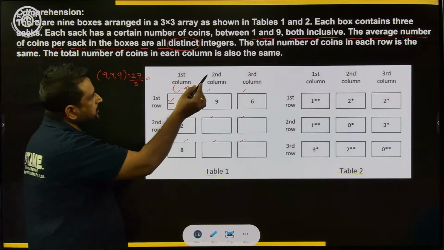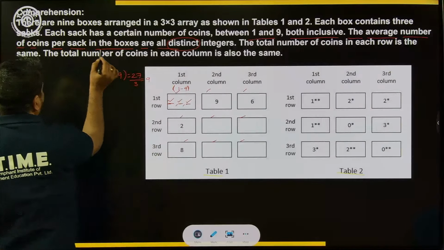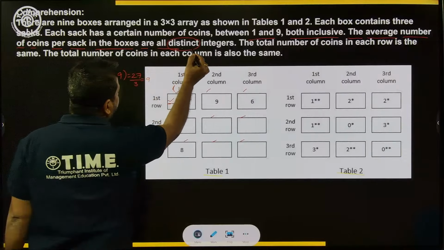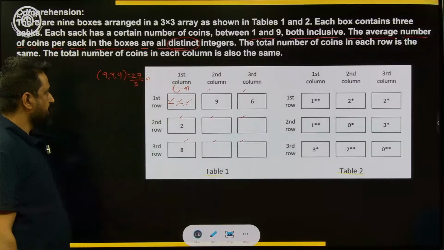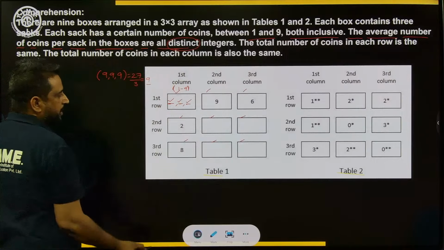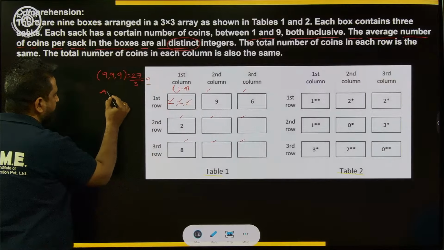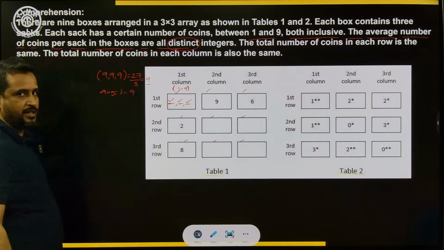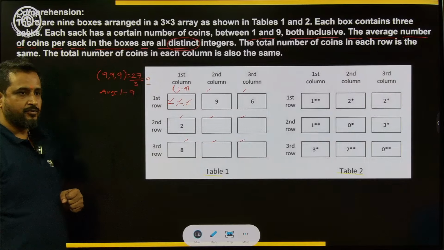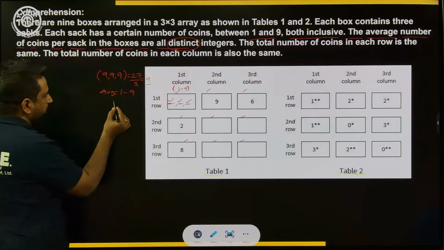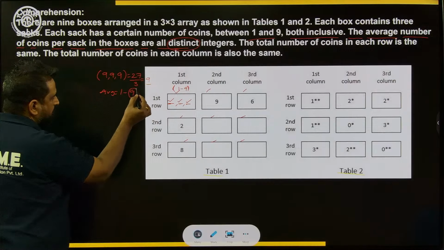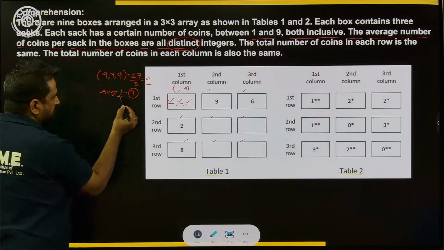And the average number of coins per sack in the boxes are all distinct integers. The maximum itself is 9 and we have 9 boxes, so definitely the averages lie from 1 to 9. The maximum average is 9 and the minimum average is 1.